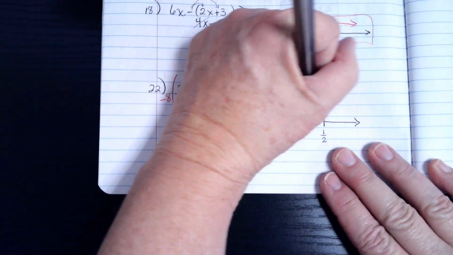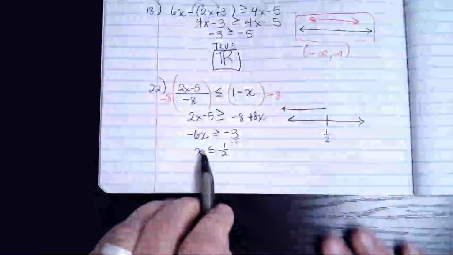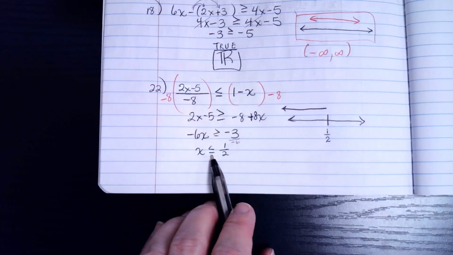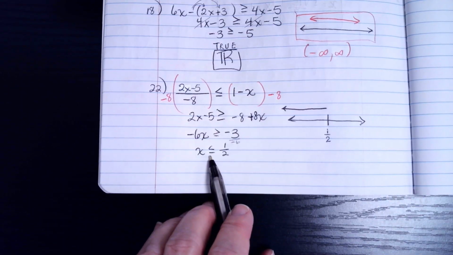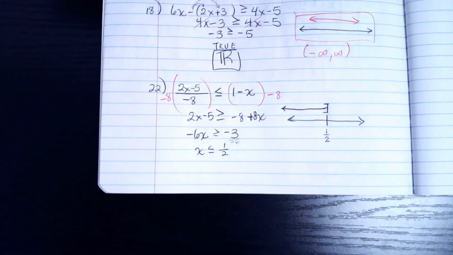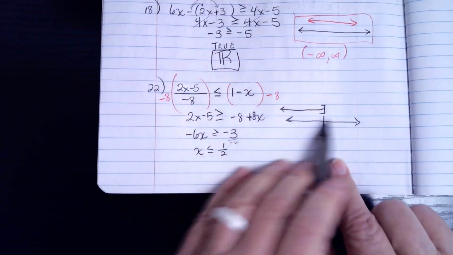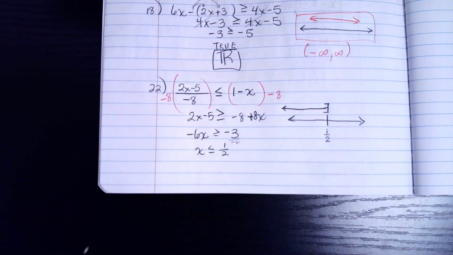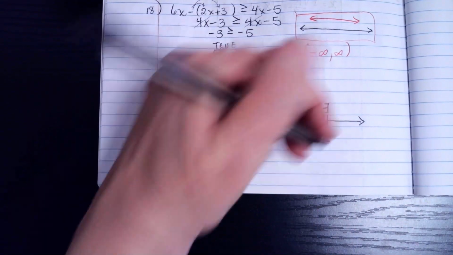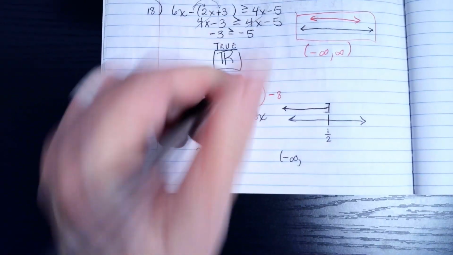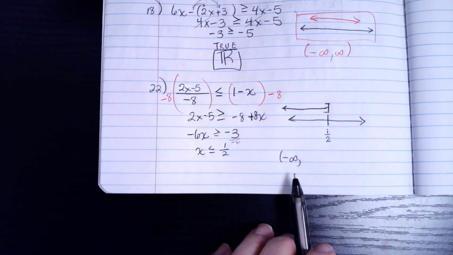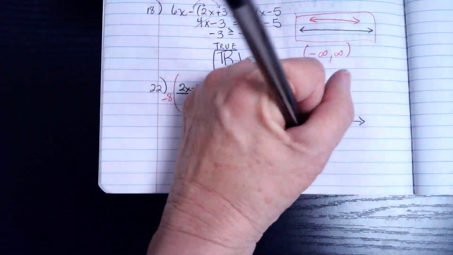So all the numbers less than 1/2 would make this true, but also 1/2 itself would make it true, wouldn't it? So watch what I'm going to do. Bracket, right? Gobbling up the line that you drew. So that means if you have an arrow going out forever, you've either gone towards negative infinity in this case, or you went towards positive infinity. And if you went towards negative infinity, this is your high number.